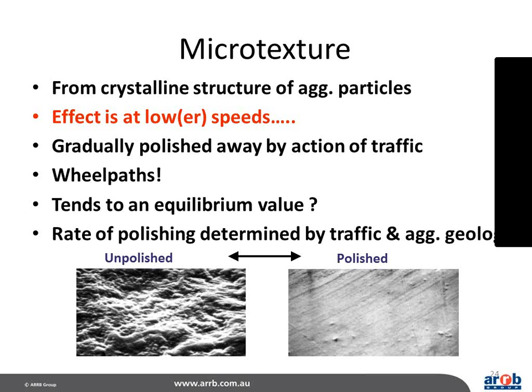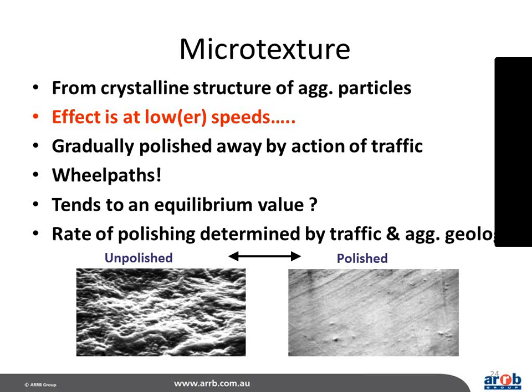But the microtexture of the aggregate is gradually polished away by the action of traffic, and especially in the wheel path, as you can imagine. Where you don't have any traffic, we tend not to lose the microtexture. There might be a bit of weathering, but we're talking about where the action of the traffic is. And it tends to what we call an equilibrium value. Once it's polished, it's polished.